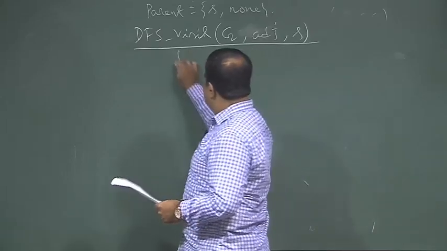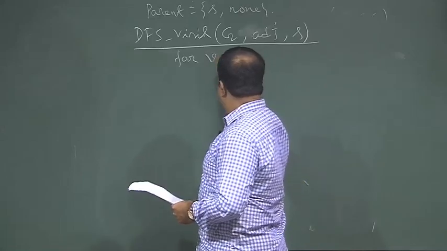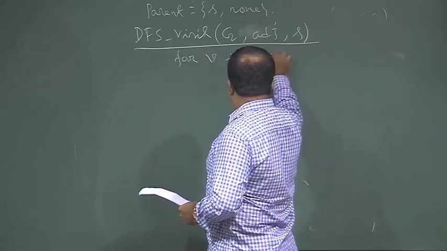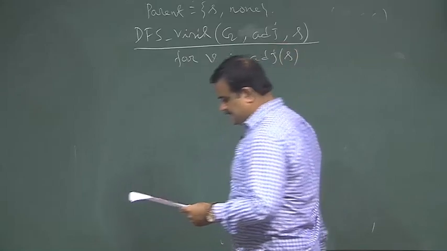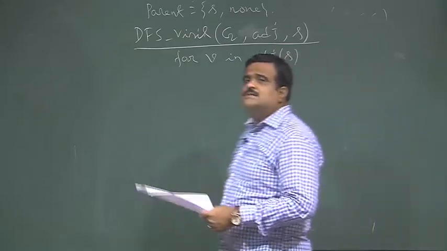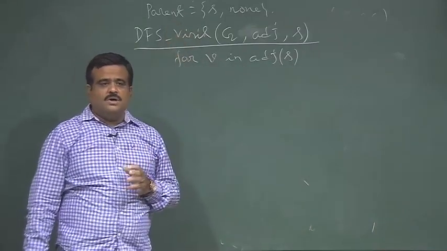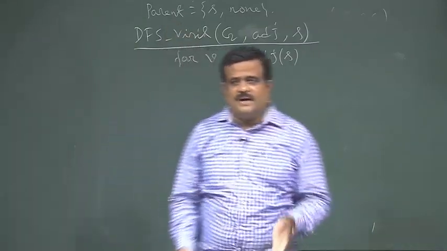So, what we do, we check all the adjacency list of S. And if it is not explored, we are using the parent to indicate whether we have seen this vertex before or not.